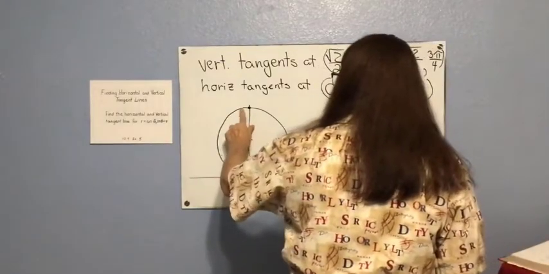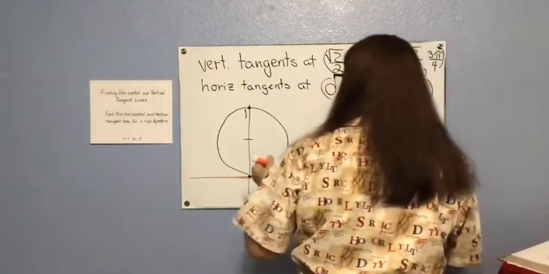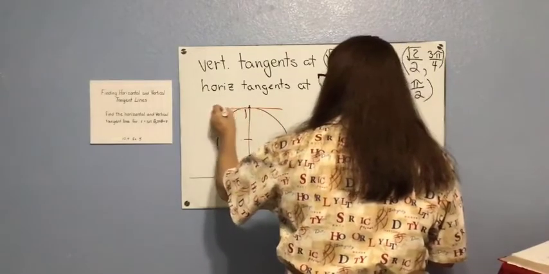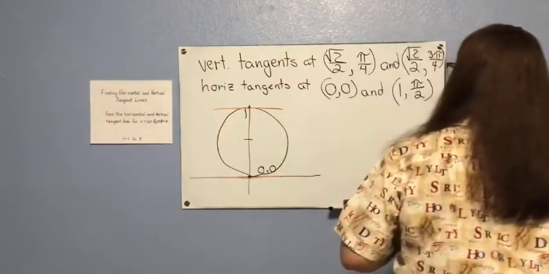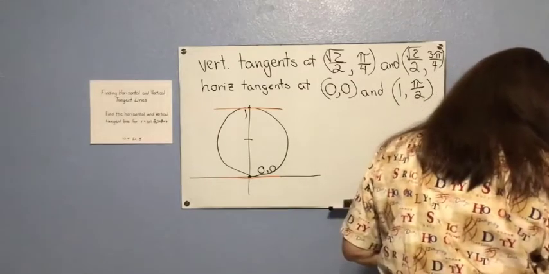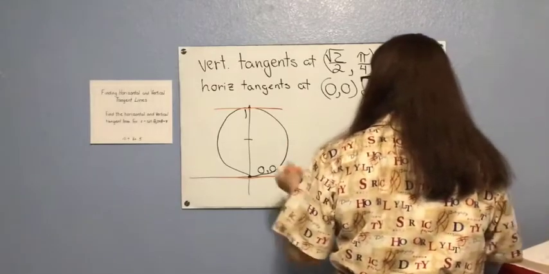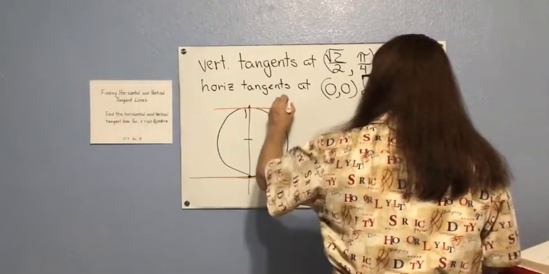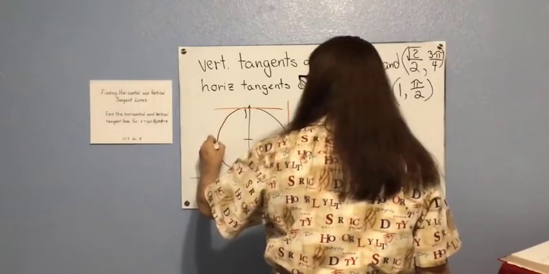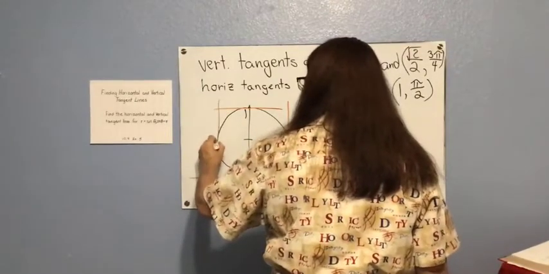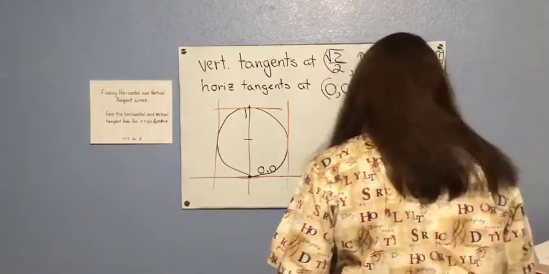And we've got a tangent at 1, pi over 2, so that would be up here, horizontal. And then our vertical tangents are at pi over 4, which is here, and 3 pi over 4, which is over here. So we've got a circle with our 4 tangent lines.